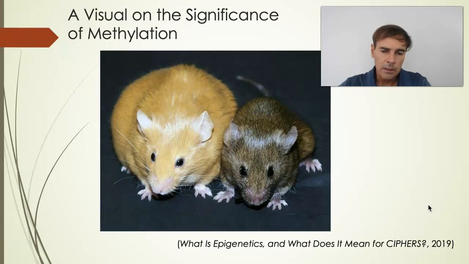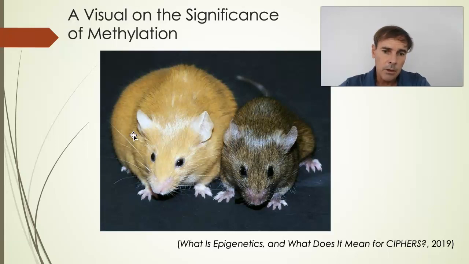What they did is they had these mice, called agouti mice, because they have a gene called the agouti gene, spelled A-G-O-U-T-I if you want to Google it. These mice are genetically identical, but as you can tell, there's quite a lot of difference between them. These agouti mice are predisposed towards rapid weight gain, and they don't tend to live very long. They are prone to developing diabetes and cancerous tumors.